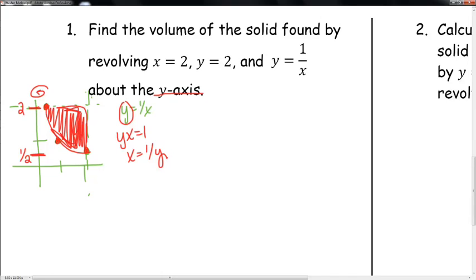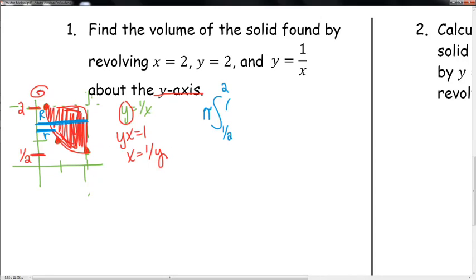My big radius is this guy. There's my capital R. My lowercase r is the one closest to my axis of symmetry. And so when I set it up, I'm going to do big R squared minus little r squared. So we're going from a half to 2 times pi. I'm going to put pi on the outside because I'll deal with that at the end.